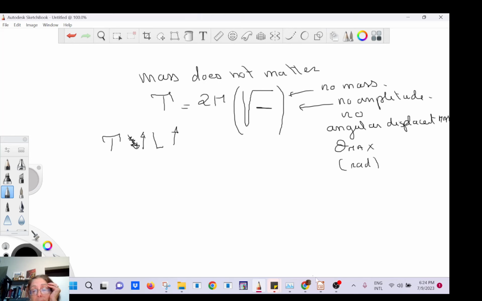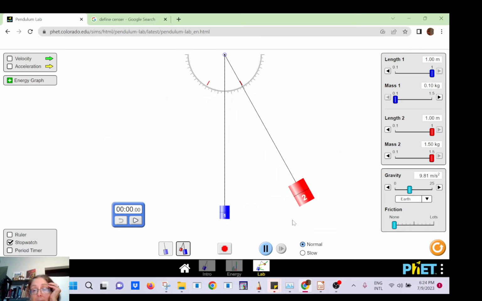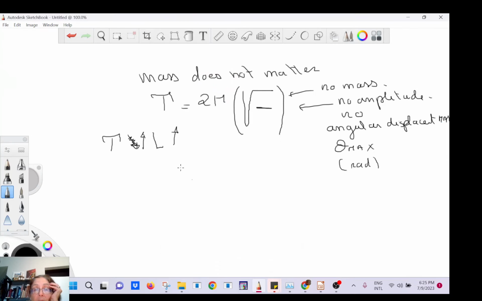In our case, when the length is 1 meter, we found 8 seconds. And as you decrease the length, if I make a very small length, you can see it's swinging faster, right? So now we know that if the length increases, the period increases. So we're going to put the length here.